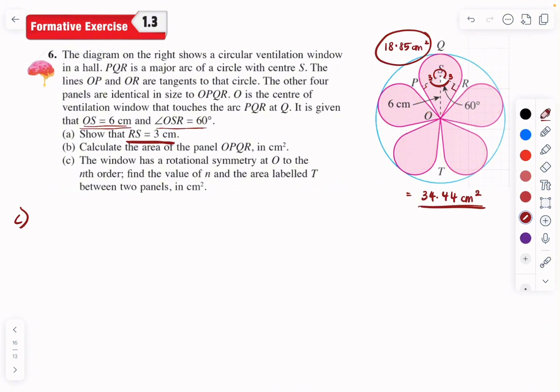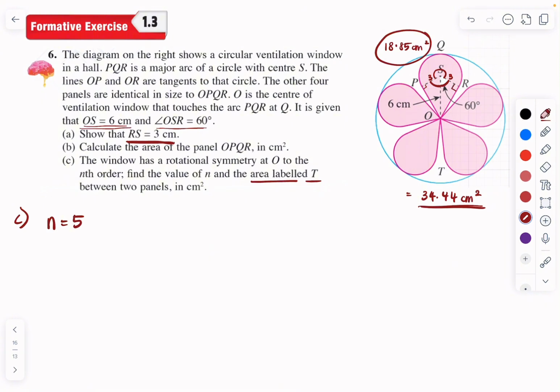So you can rotate it 5 times and still get the same shape. So the value of n is 5. It has a rotational symmetry of the 5th order because you can rotate it 5 times and still get the same shape.